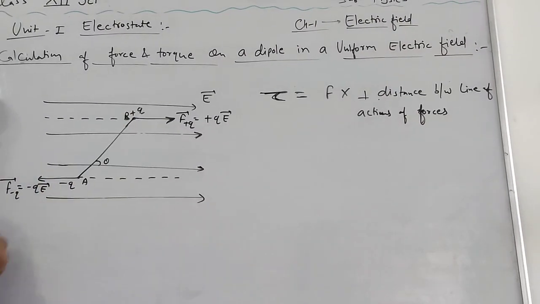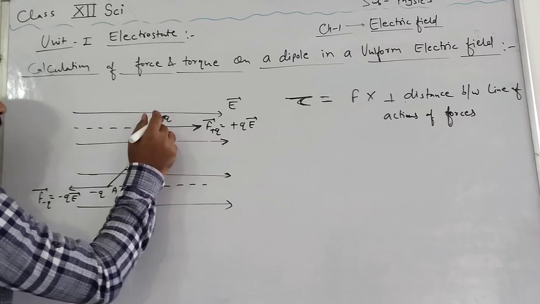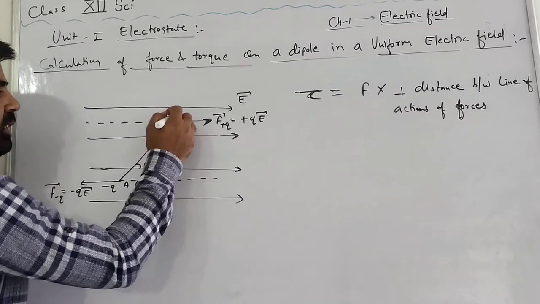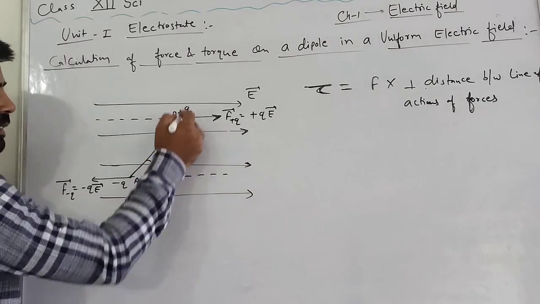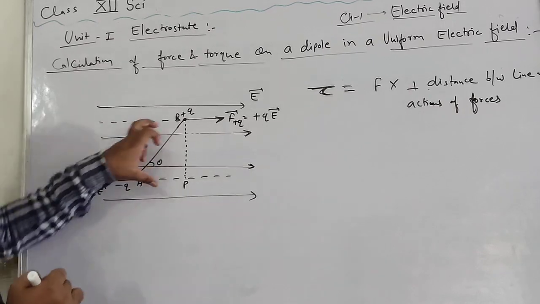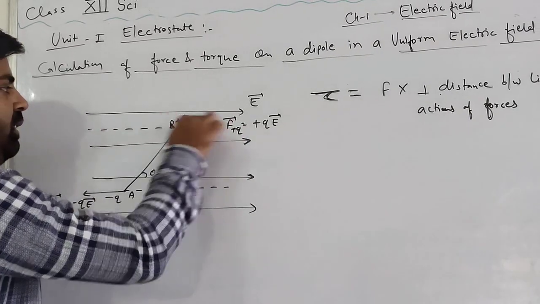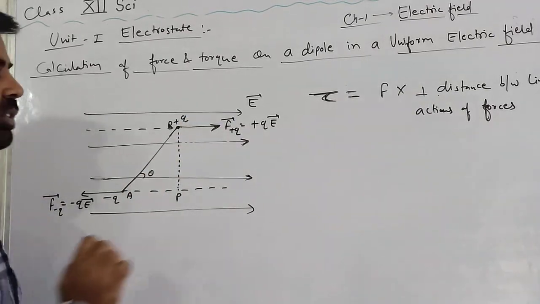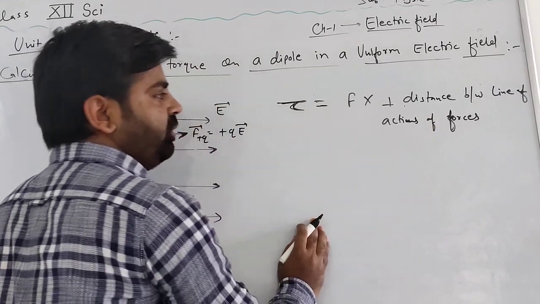The perpendicular distance: to find it, we draw a perpendicular from the plus q charge to the line of action due to the minus q charge, and we draw a perpendicular BP. This is the perpendicular distance between the lines of action of both forces. So the torque tau is equal to F into the perpendicular distance between the lines of action of the forces.